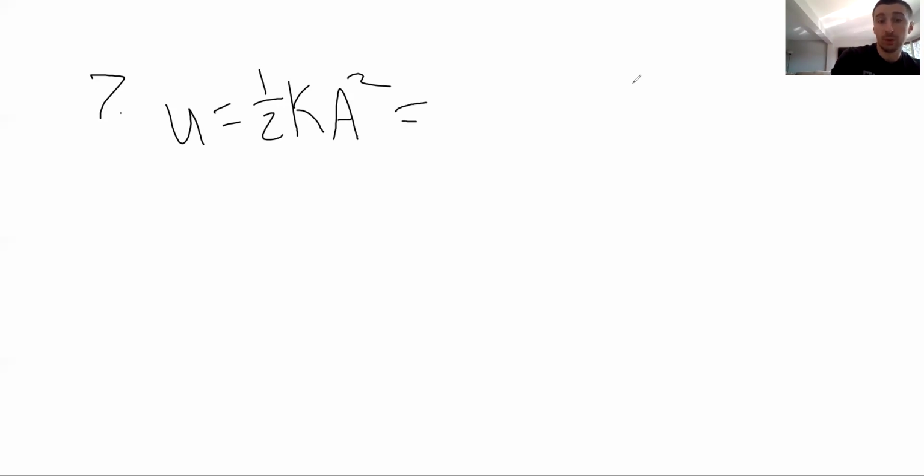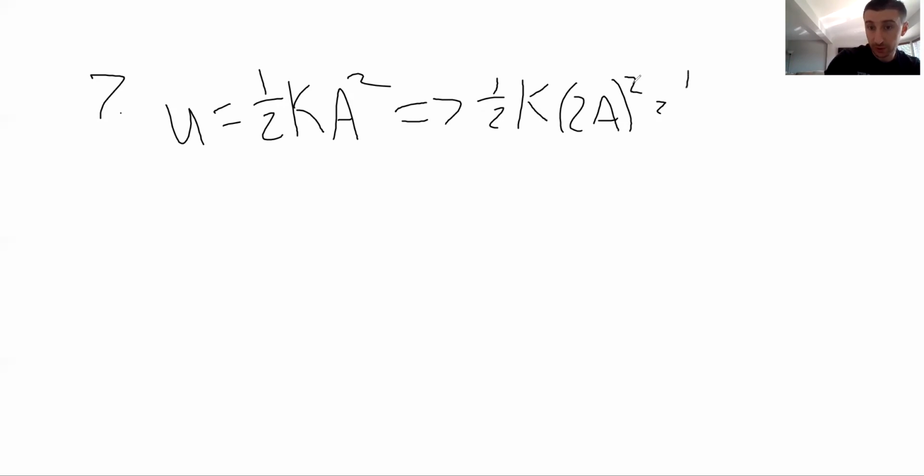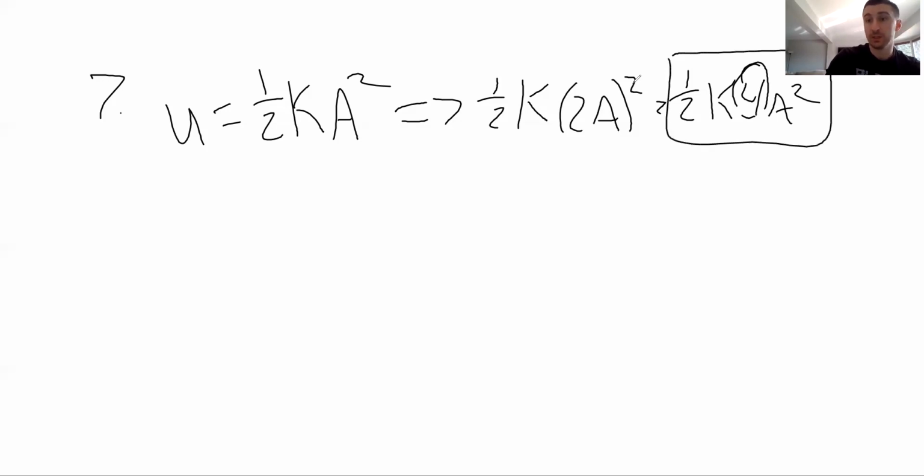So when I square that, I get 1/2 K 4 A squared. So it's literally going to change this by a factor of 4. So in the first column, it's going to be 4 times larger. So that eliminates C. I mean, that's pretty common. We do that all the time with forces of gravity, stuff like that.